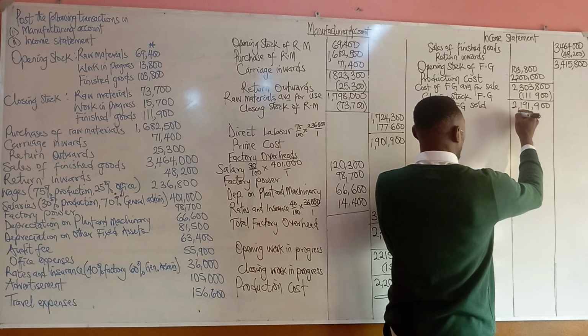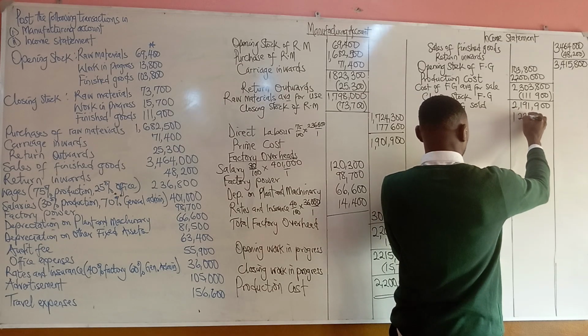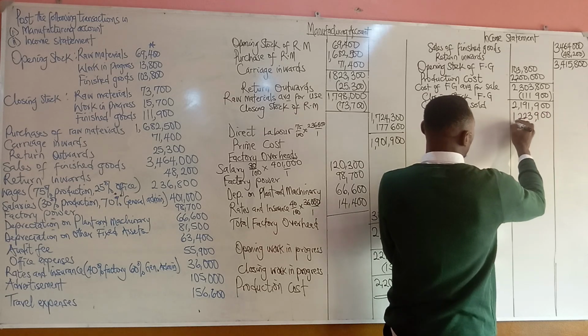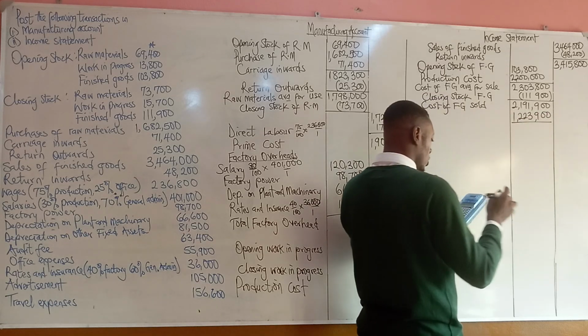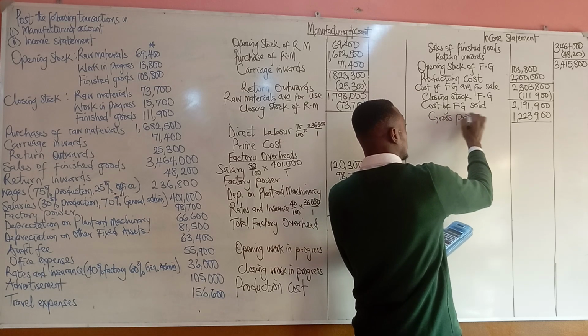Yes, that gives me 1,223,900. So this will be what? My gross profit. So meaning that we make a gross profit.